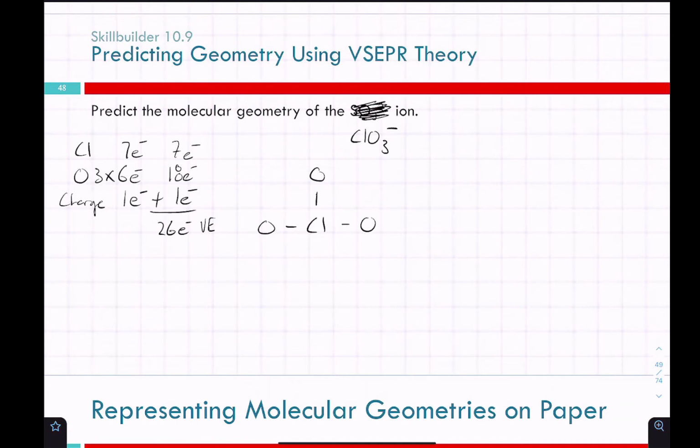And then we've got 3 bonds, so 6 bonding electrons. Twenty remaining electrons.